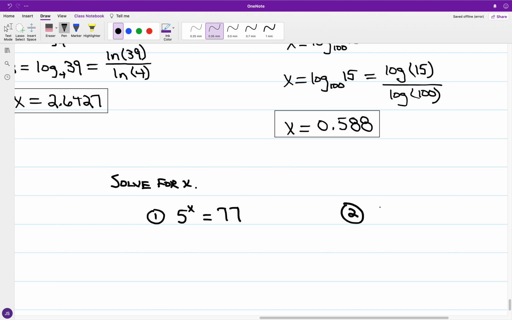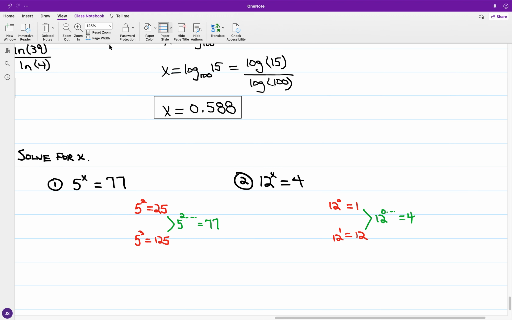And also, let's see what we get for 12 to the x is equal to 4. Okay, so just the next few moments. Let's see what we get for x, in 5 to the x is equal to 77, and 12 to the x is equal to 4, and take it to about the nearest 3 decimal places.